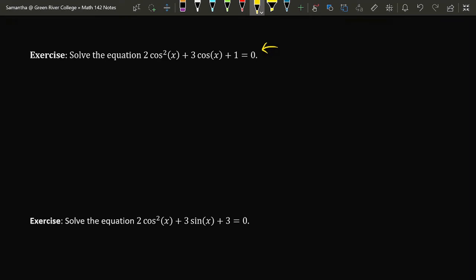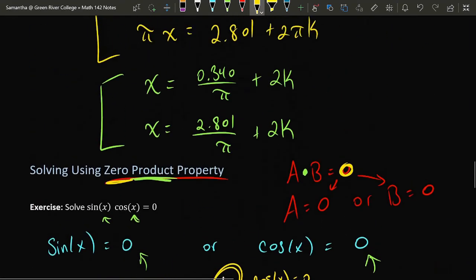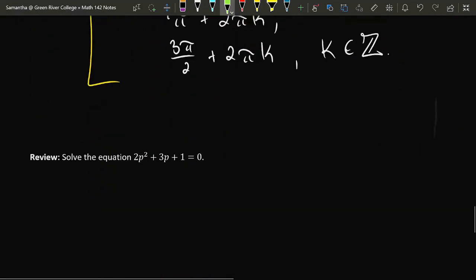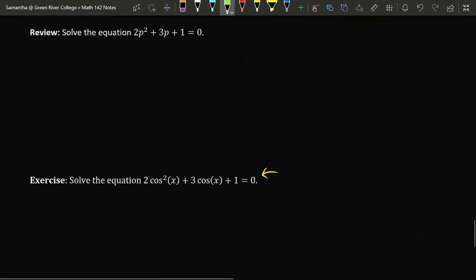But what we're lacking at the moment is the product part of the zero product property, where I have something multiplied by something else equals 0. Because I'm lacking that product, what I'm going to try and do is factor the equation.